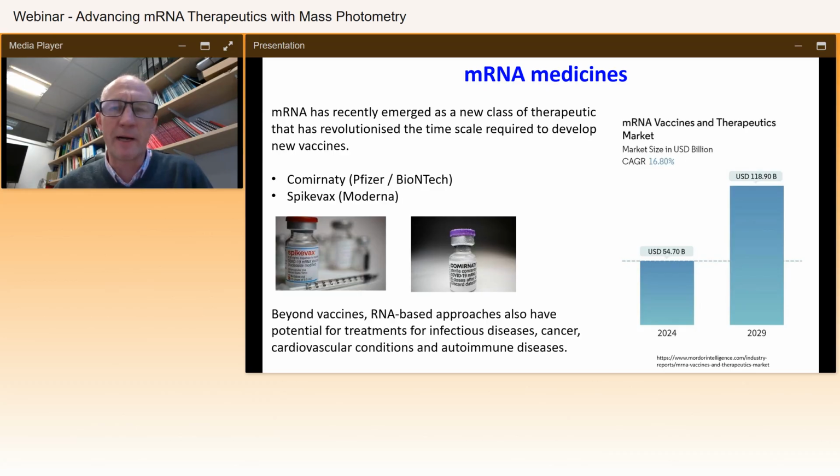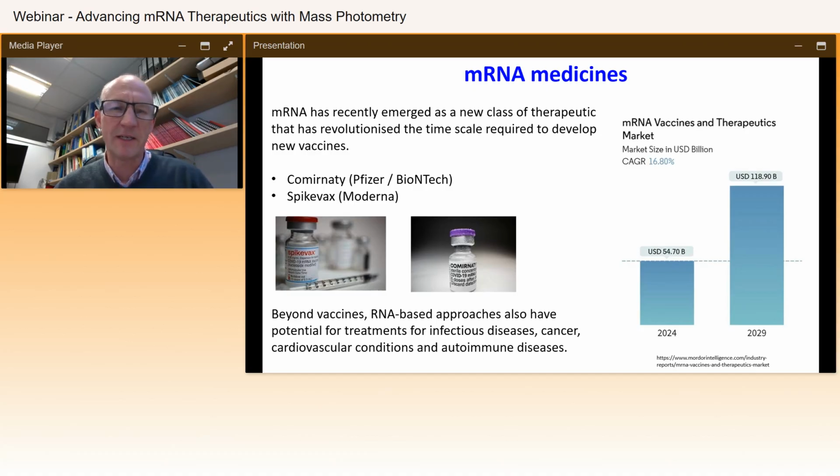So just a little bit of background on mRNA medicines. As you're probably all aware, mRNA technology has really emerged over the last few years as a new class of therapeutic, a new class of drug. And this has really revolutionized the timescale required to develop new vaccines. This has been exemplified by the Pfizer-BioNTech and the Moderna COVID-19 vaccines that have emerged over the last few years.